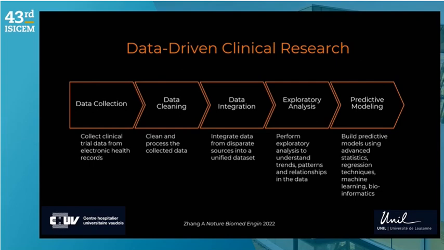I tried to summarize, based on a review that you can read, which was published 2 years ago, a sort of flow on how to collect data. And one important point is definitely to have a data collection of sufficiently high quality.